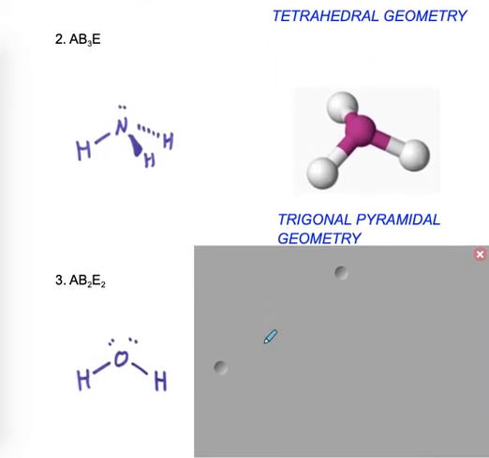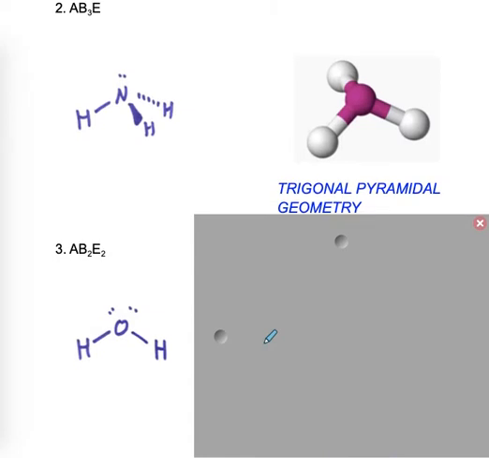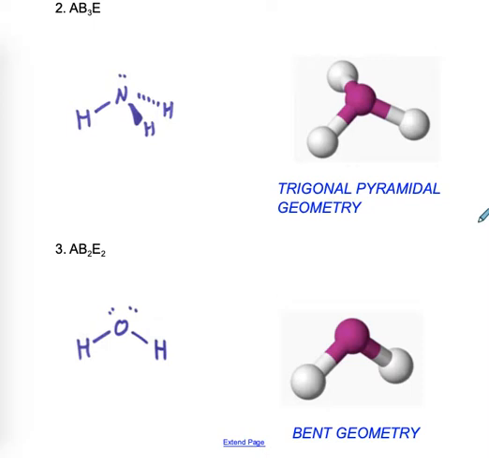If I replace another bond with a lone pair, as is the case in water, I have an AB2E2 type molecule. The four electron groups still point towards the corners of a tetrahedron, but now because I only have two bonds, I'm going to call this a bent geometry. And the bond angles in trigonal pyramidal and bent are also 109.5 degrees.